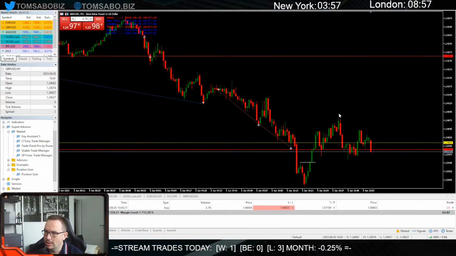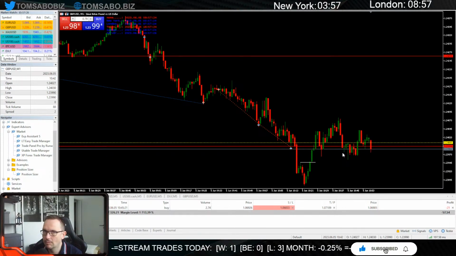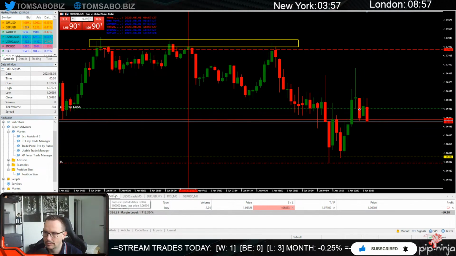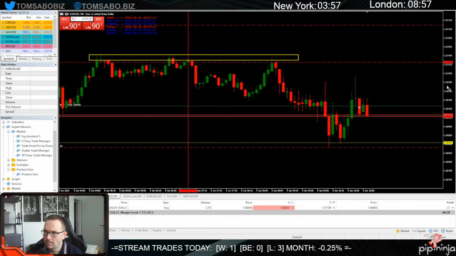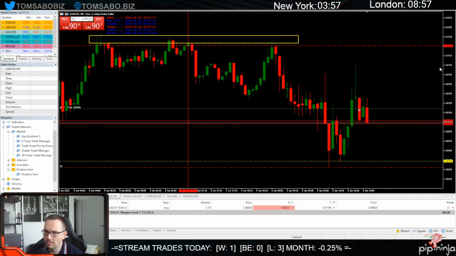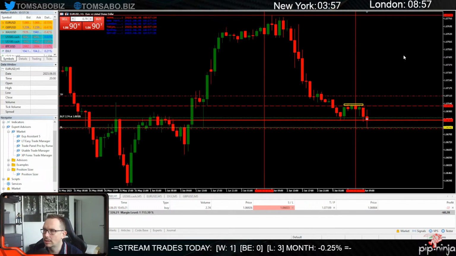Okay, so this trade would have been a TP1 with a break even. But now the euro wants to play some trick on us. It poked into liquidity, poked into an order block, which is fine.